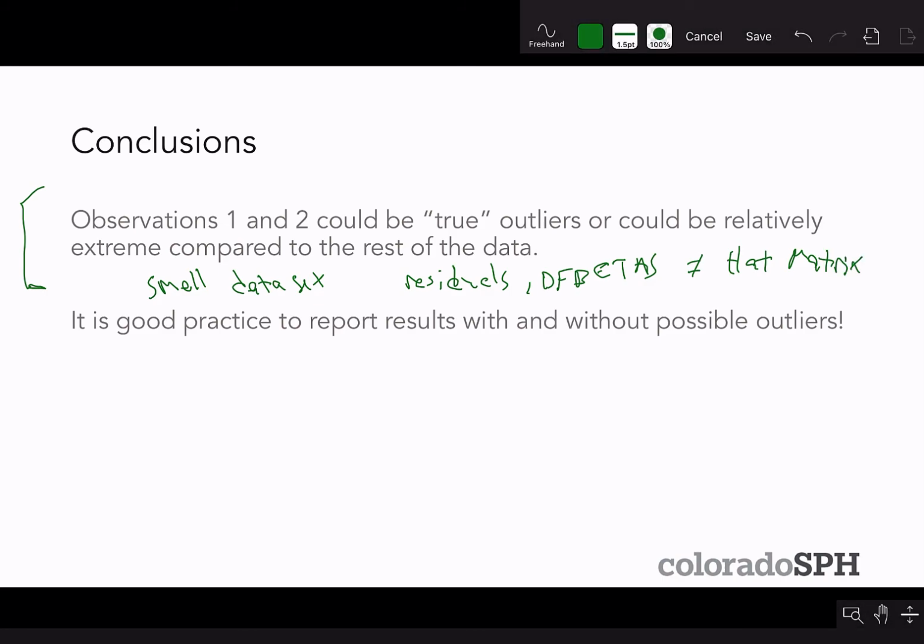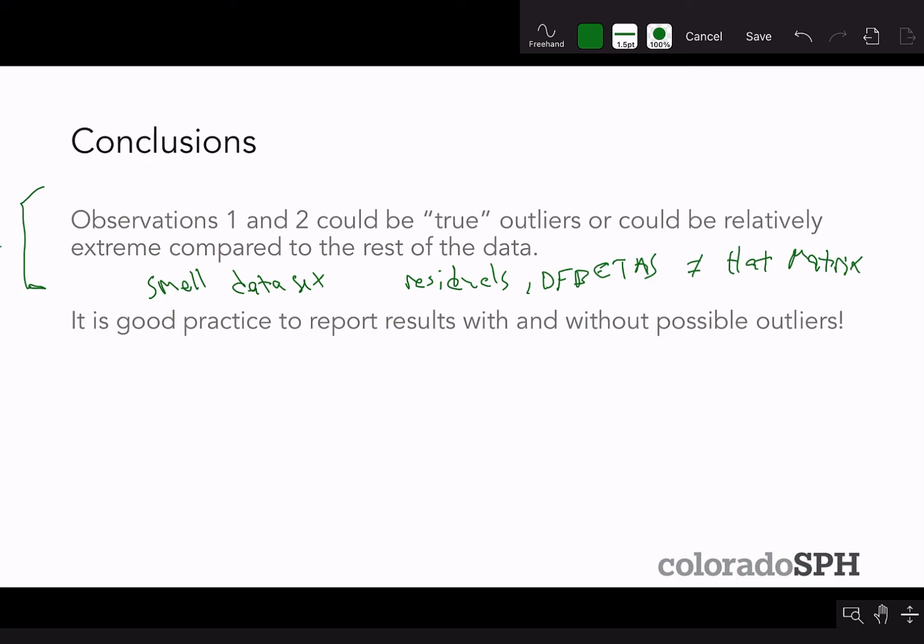We have to be really careful about deleting points that are potential outliers because that can really change the interpretation of our model. And we want to be careful not to just delete points because we don't like them, to try to get to a model that we like better.